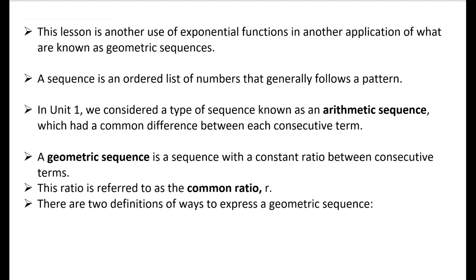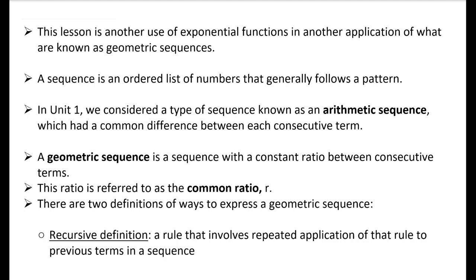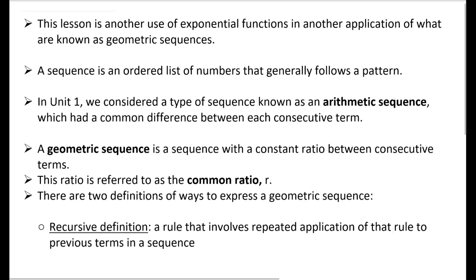So there are two definitions or ways to express a geometric sequence. The first is the recursive definition. A recursive definition is a rule that involves repeated application of that rule to previous terms in a sequence.